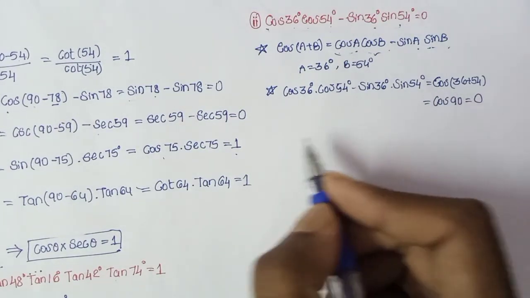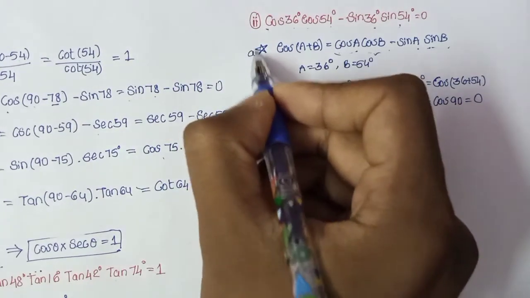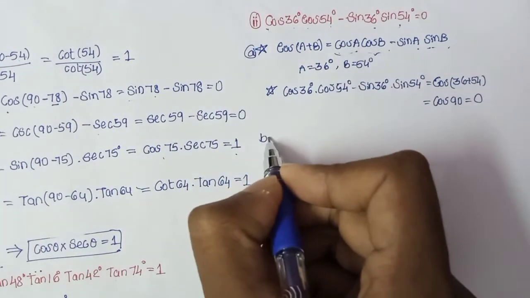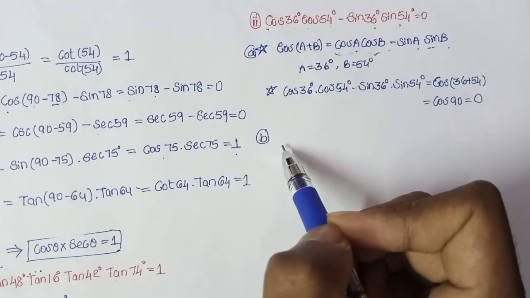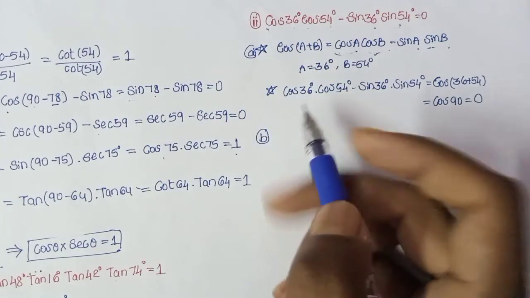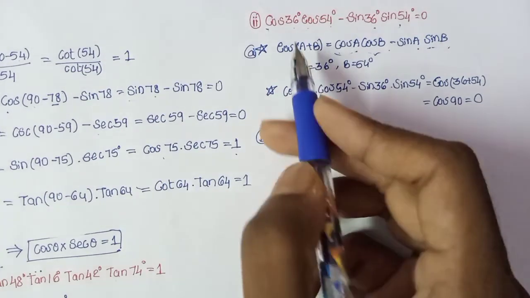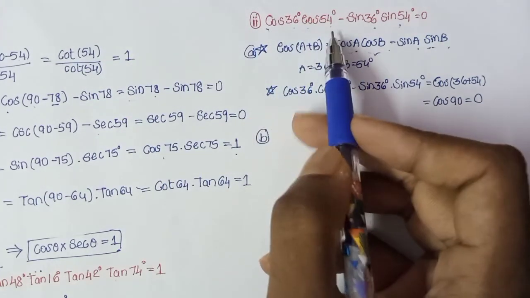The other way of approach is from the complementary relationship. So here we do the problem under this complementary angles topic. We are doing it like this: cos 36 into cos 54.